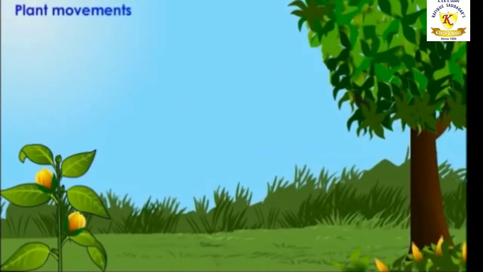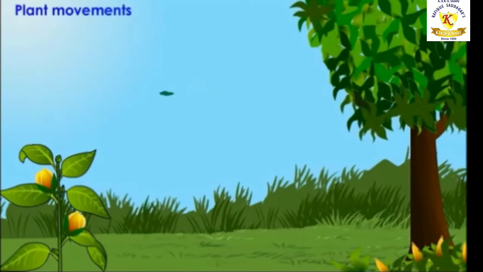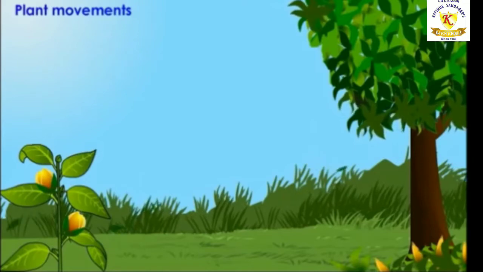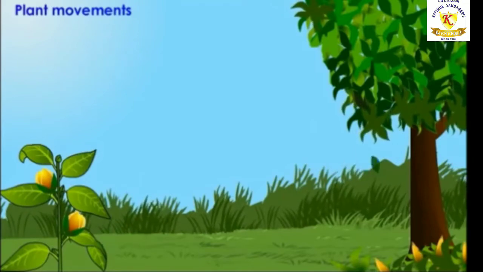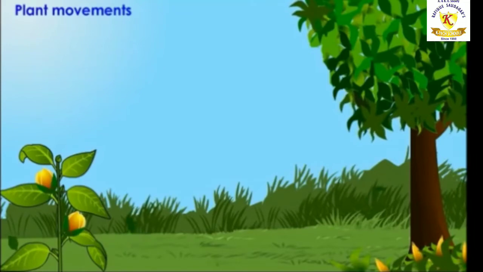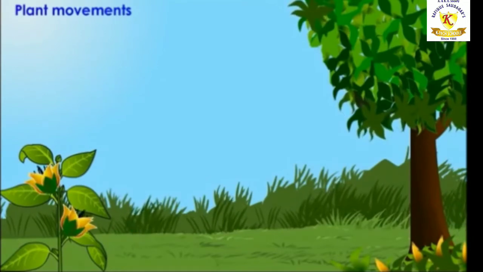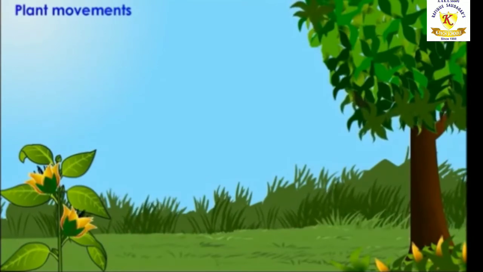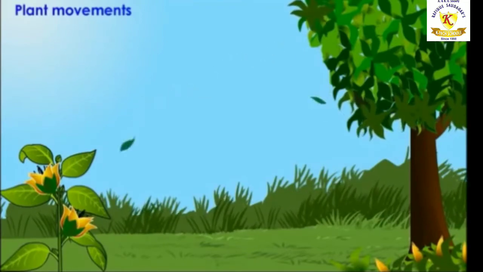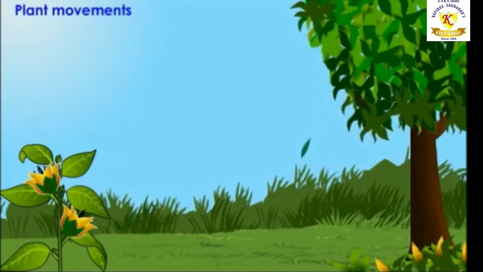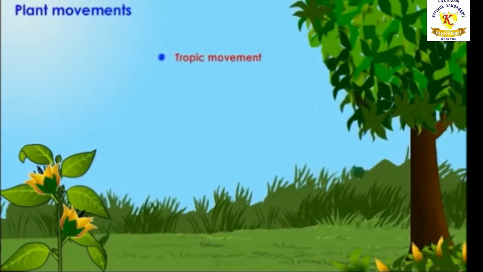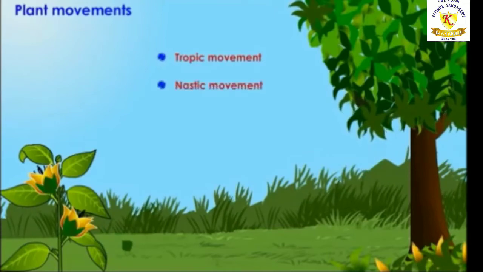Plant movements. Different parts of the plants show movement in response to various external stimuli. Touch, light, gravity, and water are the stimuli that trigger plant movement. Plant movements are categorized into two types: tropic movement and nastic movement.